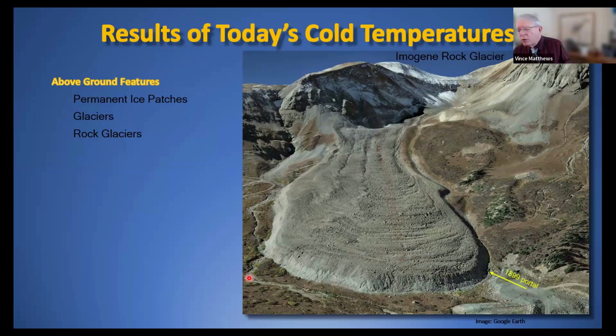There's an upper portal to the Camp Bird mine up here that was, this adit was drilled back horizontally in 1899. And at that time, the rock glacier wasn't over it.